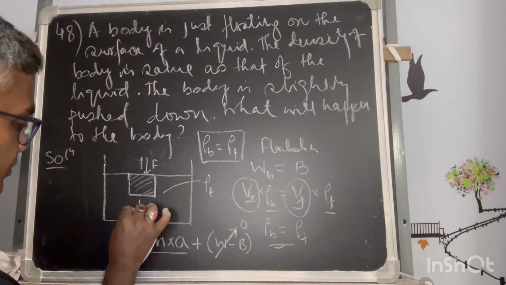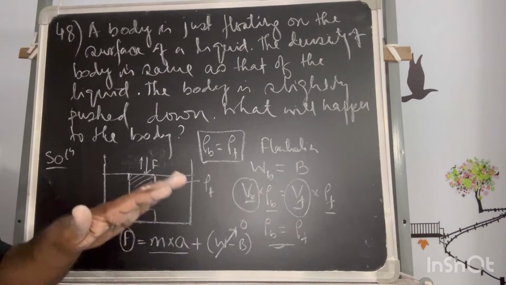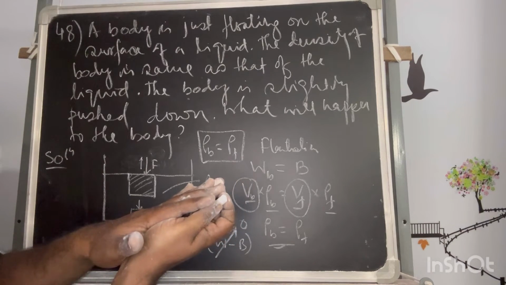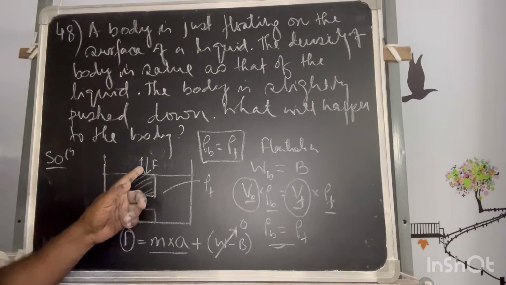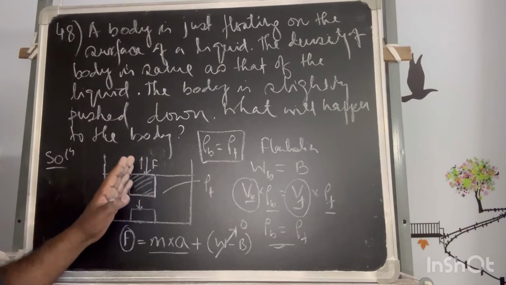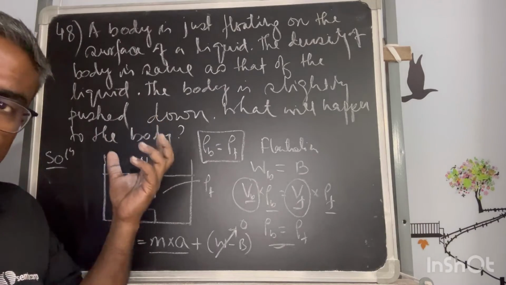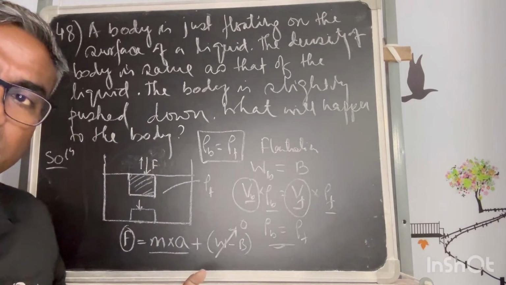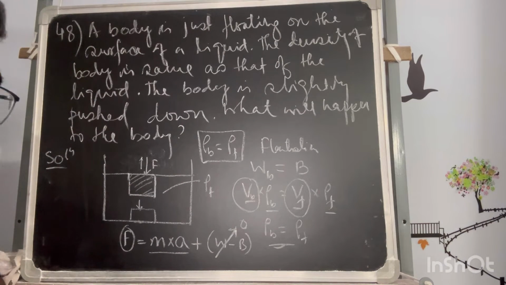Then this solid surface will stop it from moving further. Until then it will move, because this force is not balanced by anything, because we are talking about the ideal fluid, and in an ideal fluid there is no friction, so this is not considered. So this is happening. Okay.